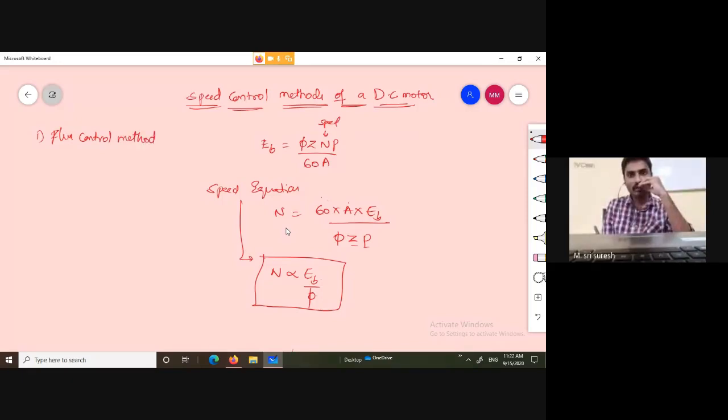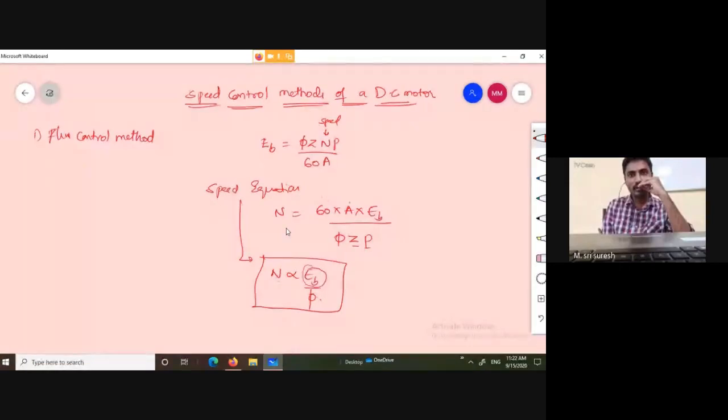In this method, we are controlling the flux, that means we are varying the flux. At that time, EB is taken as constant. According to the speed equation, if you are varying the flux, the phi parameter is varied. So what is the equation? N is inversely proportional to flux, provided EB is taken as constant. If the flux changes, the speed is varied according to this relation.